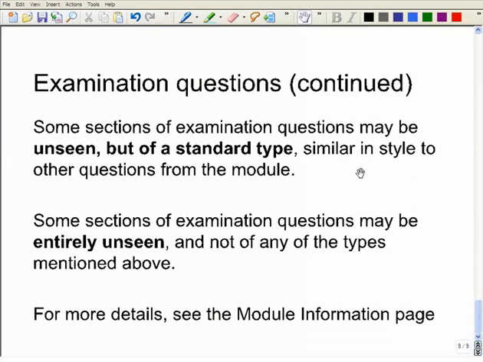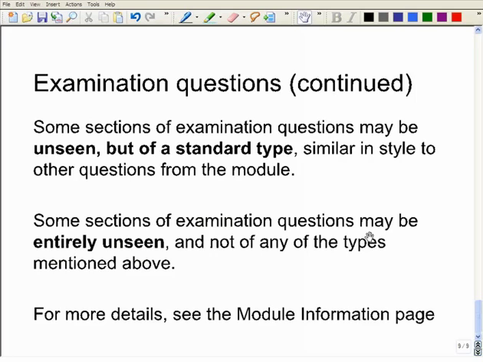So there are various non-bookwork sections, and you may come across something that looks similar to something you did before but isn't exactly the same, a slight modification. Again, that's worth slightly more marks per word that you write, I would say, if it's similar in style but a bit different. And then there's the entirely unseen parts.